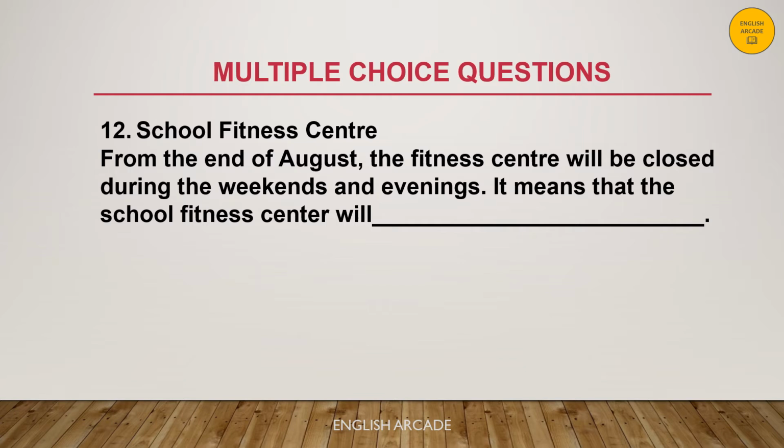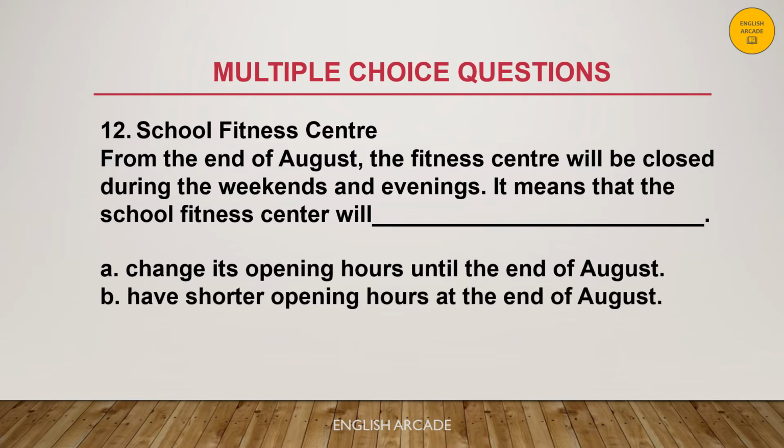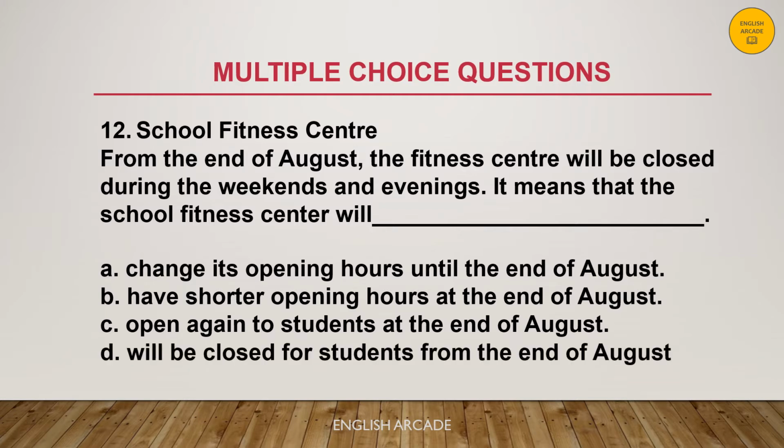It means that the school fitness center will A, change its opening hours until the end of August, B, have shorter opening hours at the end of August, C, open again to students at the end of August, or D, will be closed for students from the end of August. I want you all to read this question again and figure out the answer.